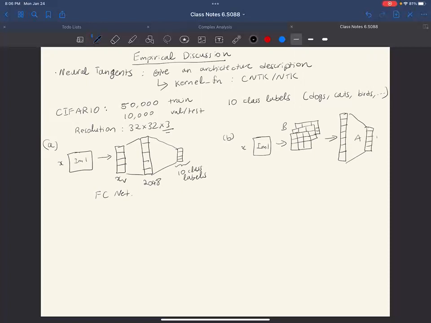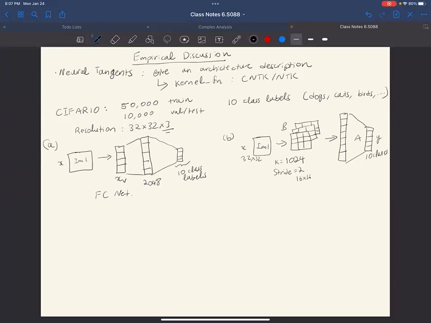Okay, and this is going to give me, again, my 10 classes. And what I'm going to do here is set the width of B to 1024. I'm also going to do something to make my life a little easier: set a stride size of 2. When I do convolution, it's going to shrink my image size by a factor of 2. So instead of working with 32 by 32 images, it's going to take in 32 by 32 and shrink it to a 16 by 16 image.